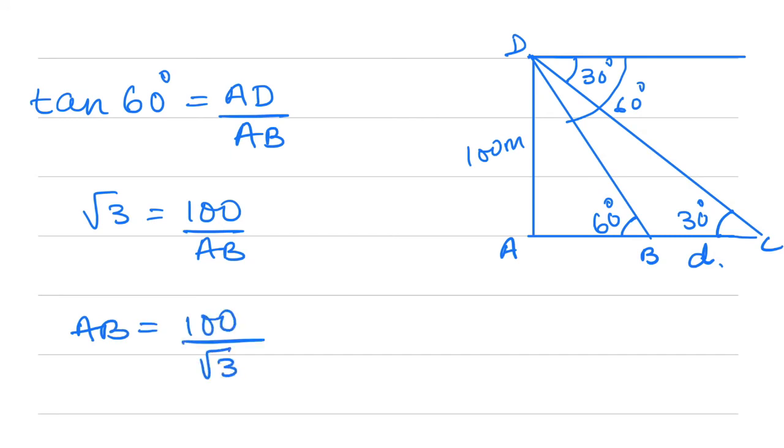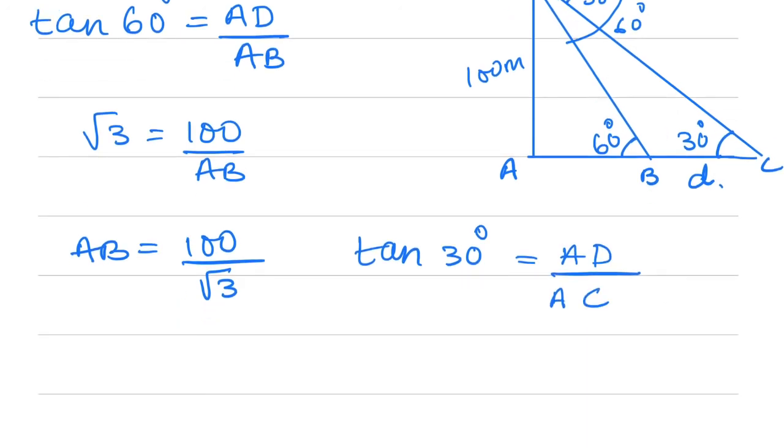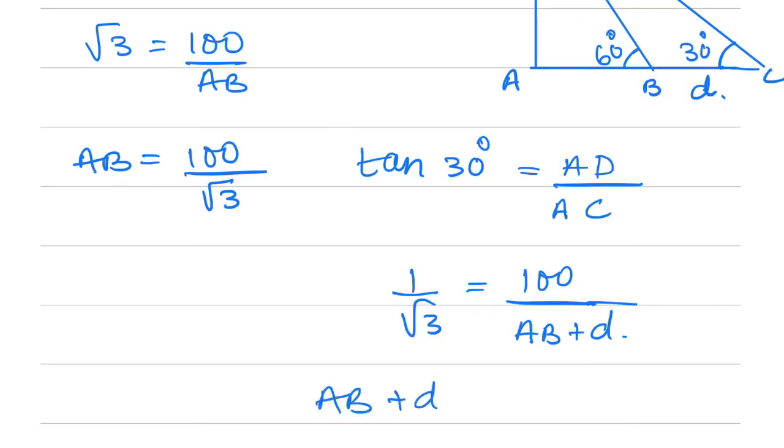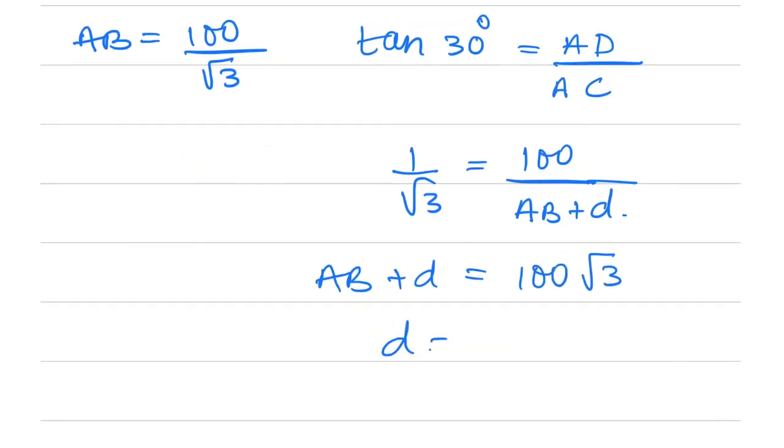Now we'll go for tan 30 degrees is equal to AD by AC. Tan 30 degrees is 1 by root 3, equal to AD which is 100, over AC which is AB plus D. So AB plus D is equal to 100 root 3, and D is equal to 100 root 3 minus AB, and AB we can substitute from the previous step.